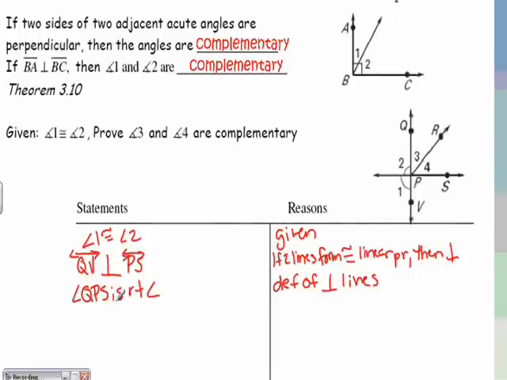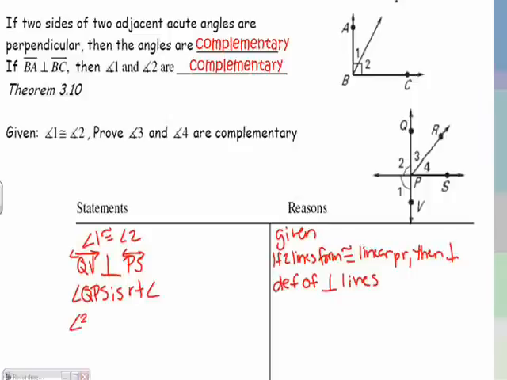So now that I'm thinking about it, we didn't even really need to say that. I was going to get complicated and say that this is a right angle, these two together equal a right angle, therefore they're complementary. But actually, with this theorem up here, we can go straight from these are perpendicular to these are complementary.